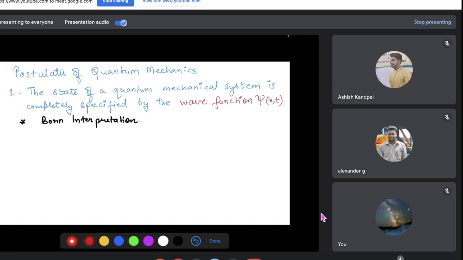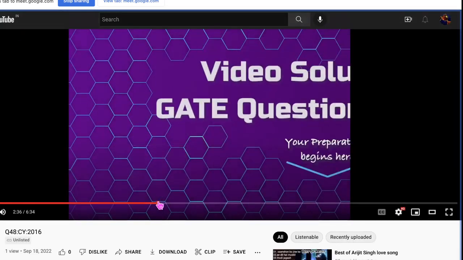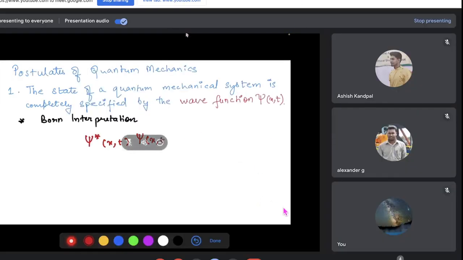The psi star, that is the conjugate of the wave function psi, when multiplied with psi(x, t), will give me the mod square of my wave function.